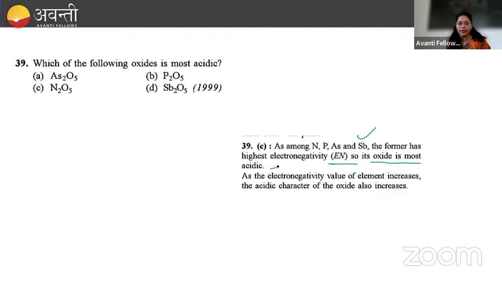So nitrogen, being more electronegative, the electronegativity for nitrogen is very high, and that's why as the electronegativity value of an element increases, the acidic character of the oxide also increases, so N2O5 will be most acidic. So as we move down, what happens? Basic character increases for the oxide, and the first one will be acidic in nature.